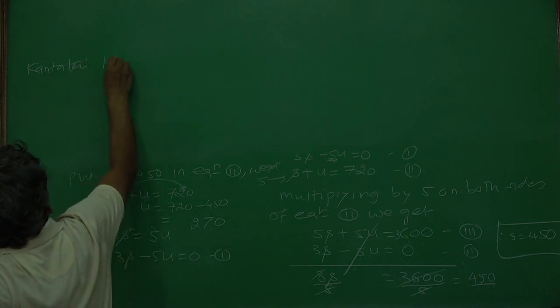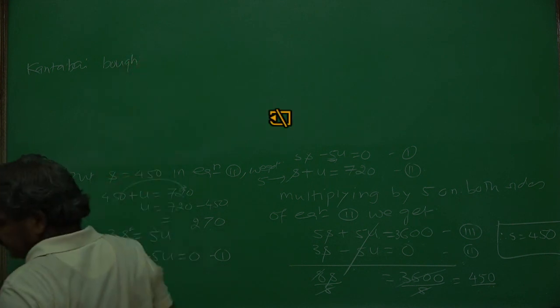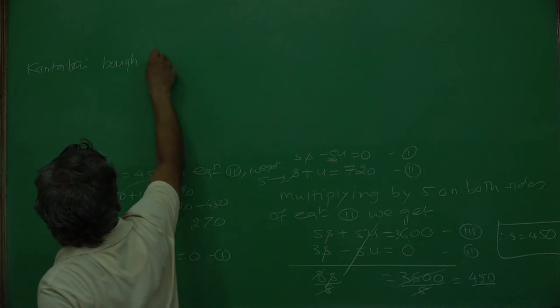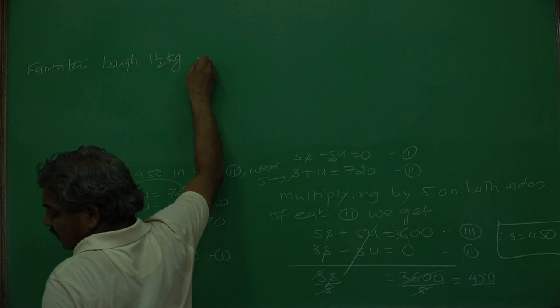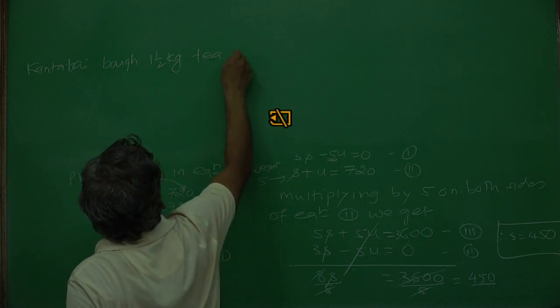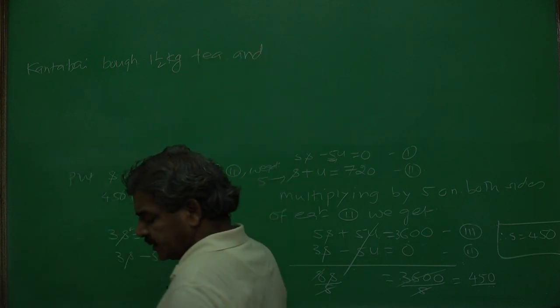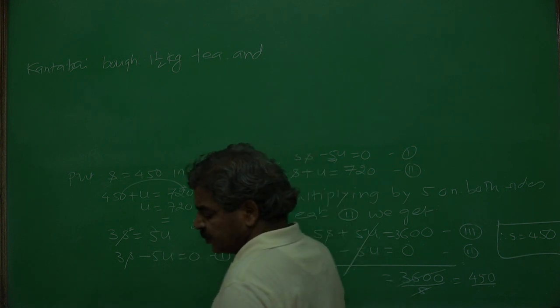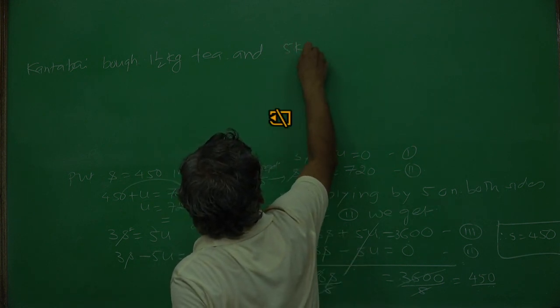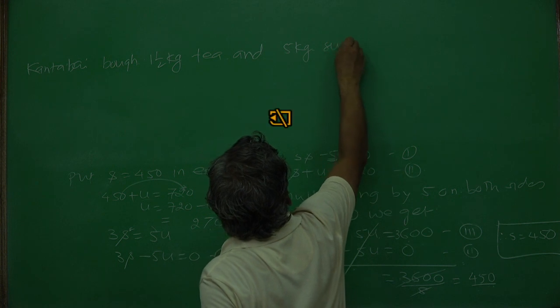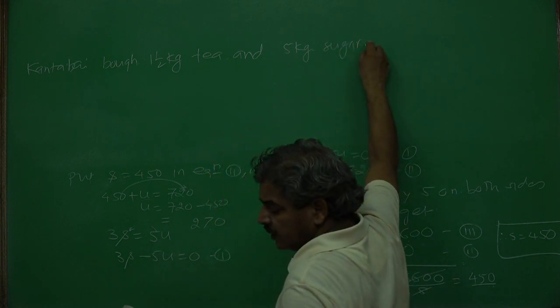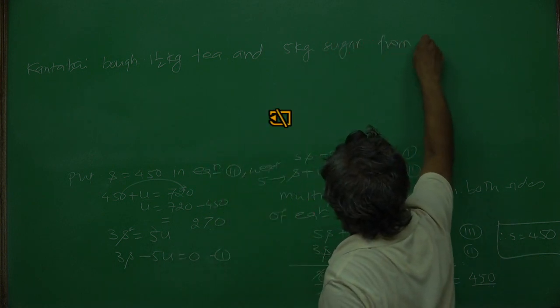Kantabai bought 1/2 kg tea and 5 kg sugar from a shop.